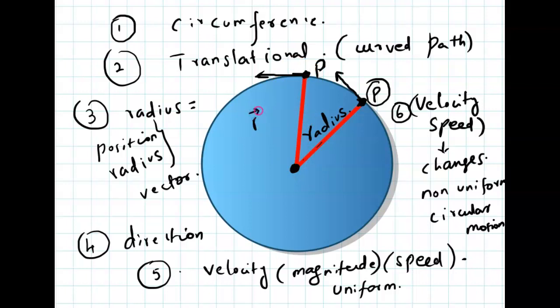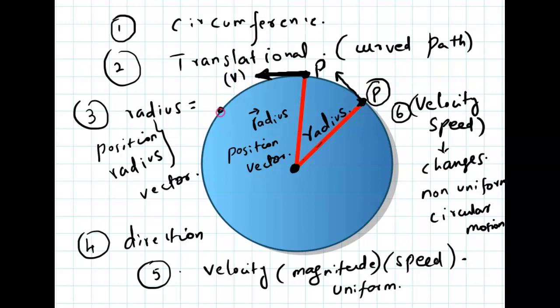Another name for the radius vector is the position vector. Now if you want to find the direction of the particle at any instant, you have to draw a tangent. This line is known as the instantaneous speed or tangential speed. It is denoted by V.